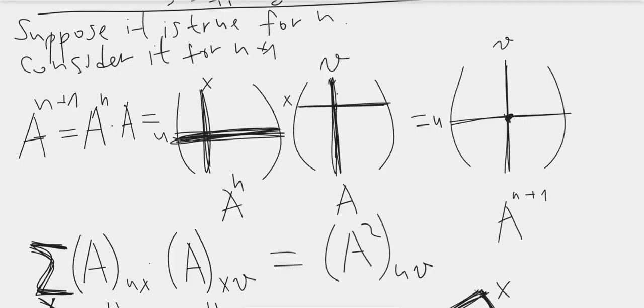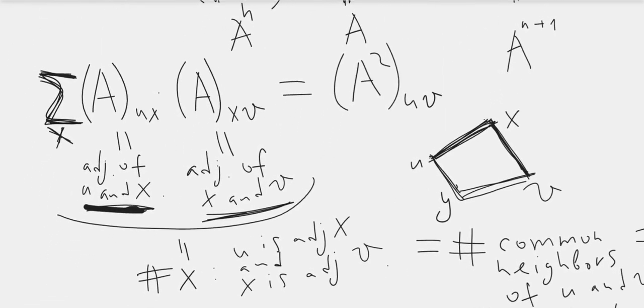So again, the value in the resulting matrix A to the power n plus 1 in row u and column v would be equal to the sum of A to the power of n at row u and column x, and the value in the matrix A at xv, and sum for all x.